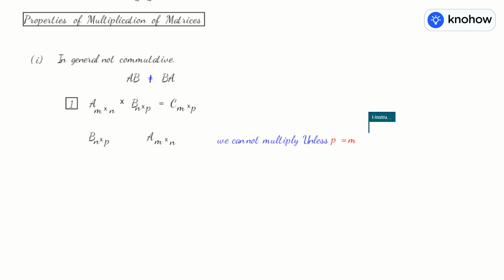Now the second property I take, this is a very important result, rather than a property. Can we find a zero matrix as a product of two non-zero matrices?